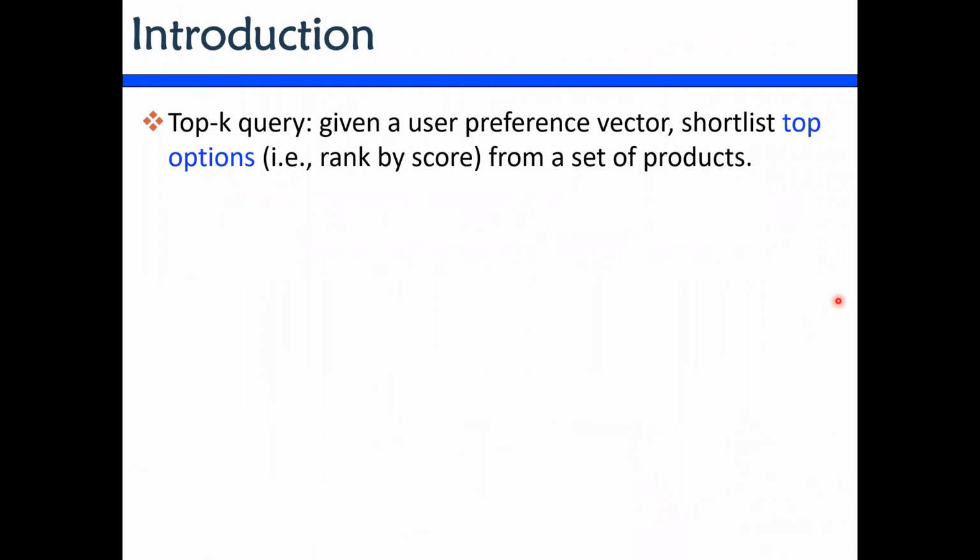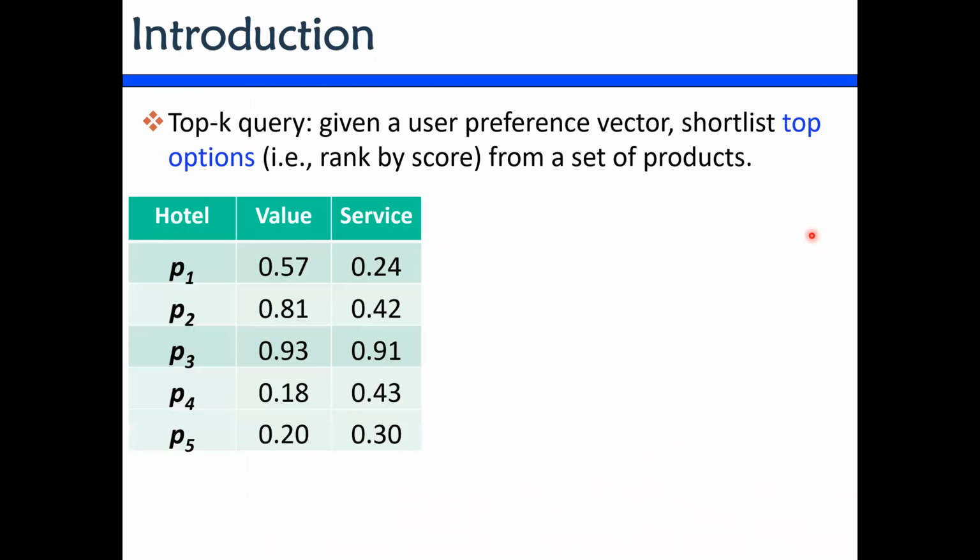So the top K query is a standard preference-based query that helps us shortlist the top options from a large set of alternatives. Imagine that we have a user who is looking for a hotel, and these are the available hotels. The hotels have attributes value and service, where the higher the value that you see here in these cells, the better.